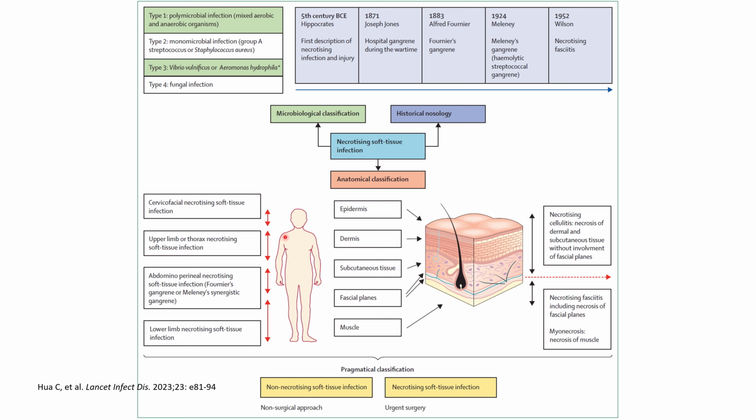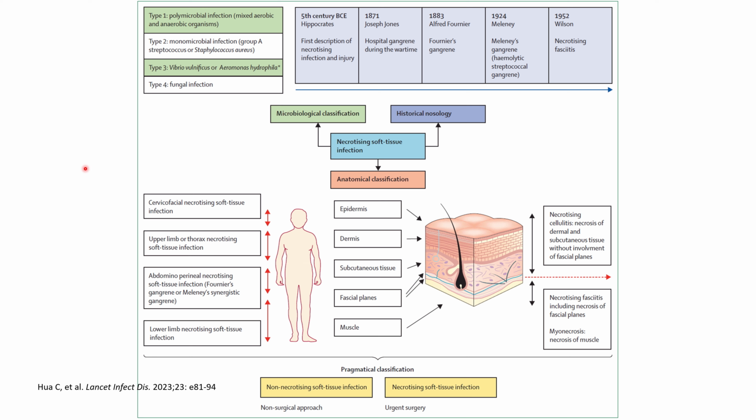Now, there are different parts of the body that can have different types of necrotizing soft tissue infections. So you can see on this picture, and there are different ways to classify this. One method is to have type 1, 2, 3, and 4, and there are some disagreements over this typing.